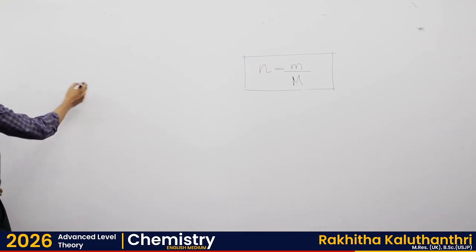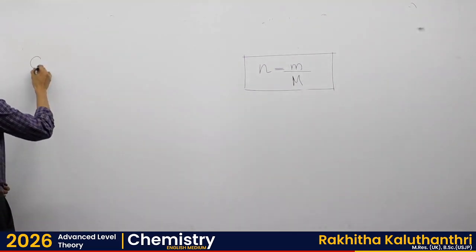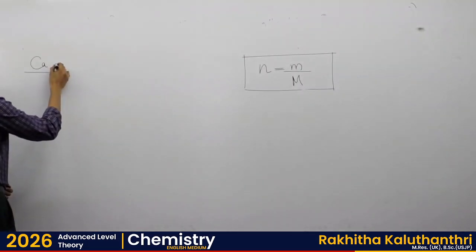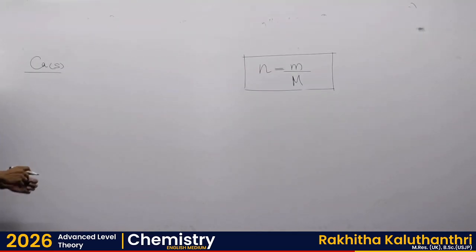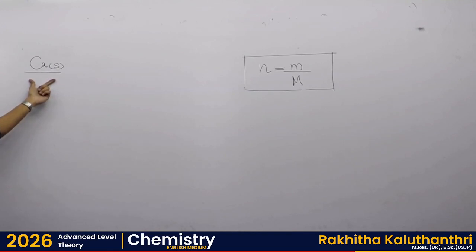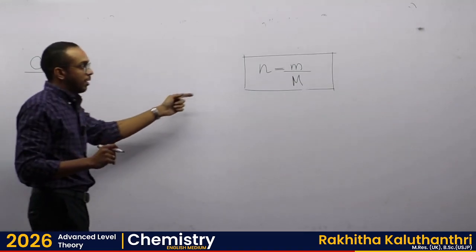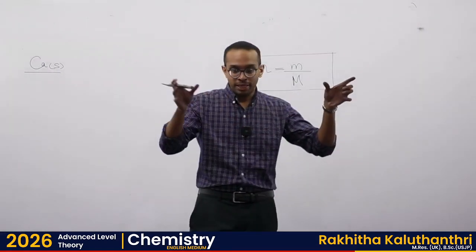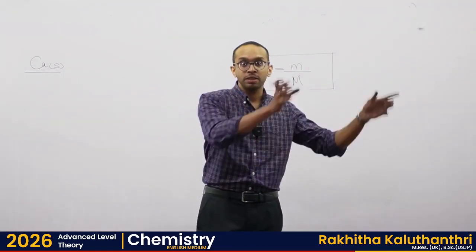So it's done this way. Usually, if we are talking about calcium, I write calcium and underline it. It is just a preference, not a must. I do it because at the exam, within a given question, you might have to find the number of moles of many different things.